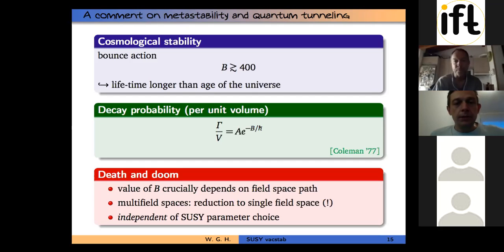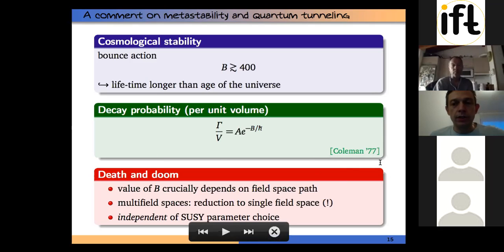So to get the result on this vacuum tunneling, we have to go back to the 70s to this famous paper of Sidney Coleman, where he derived the decay probability per unit volume. This is how it was defined in this exponential way.